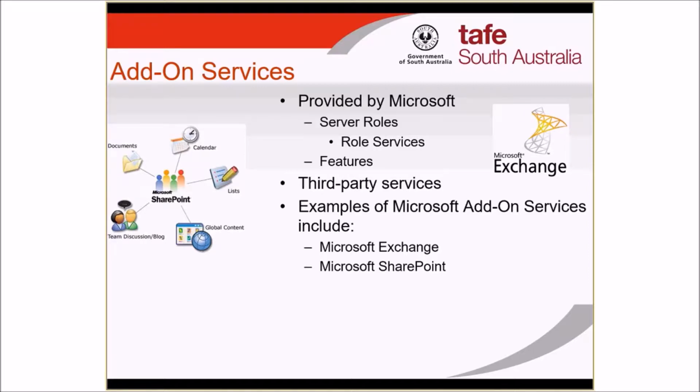For example, when we installed Active Directory Domain Services, we added that as a role, and that installed that service onto our server and made it an Active Directory service. Those are built into the operating system that we bought from Microsoft, and are provided by Microsoft as roles or features. There are also third-party services.